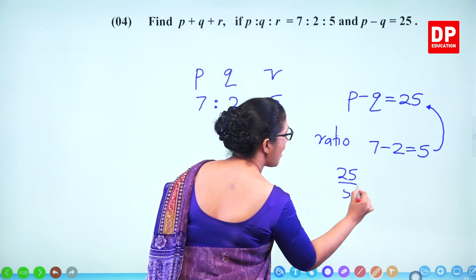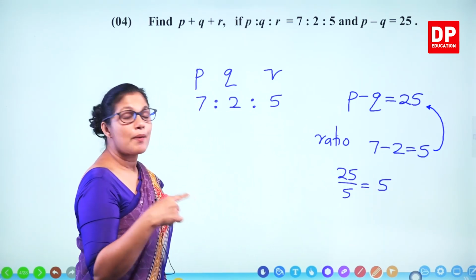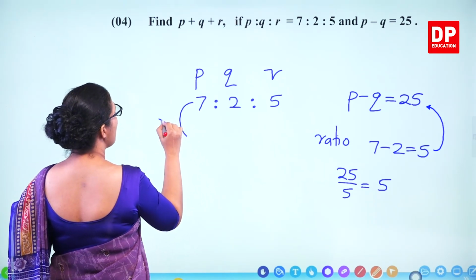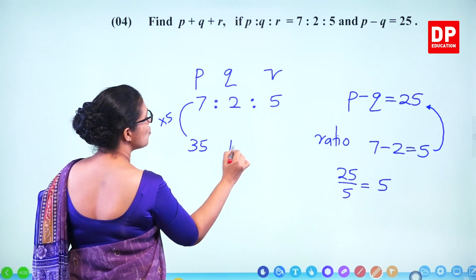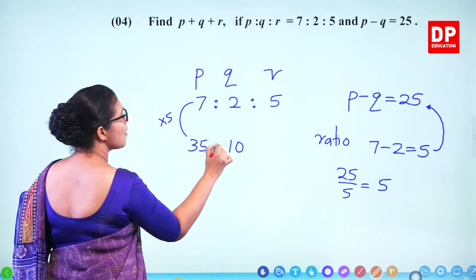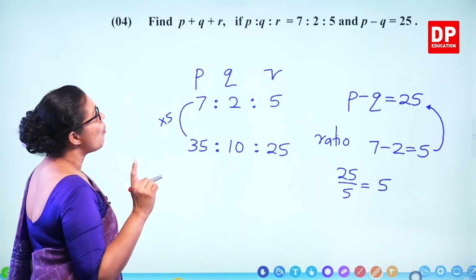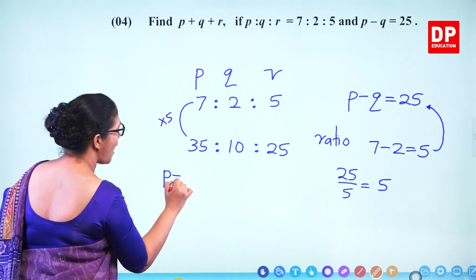25 divided by 5, that means 5. So everything is multiplied by 5. So the actual values are multiplied by 5. 5 times 7, 35. 5 times 2, 10. 5 times 5, 25. Now, what's the value of p plus q plus r?